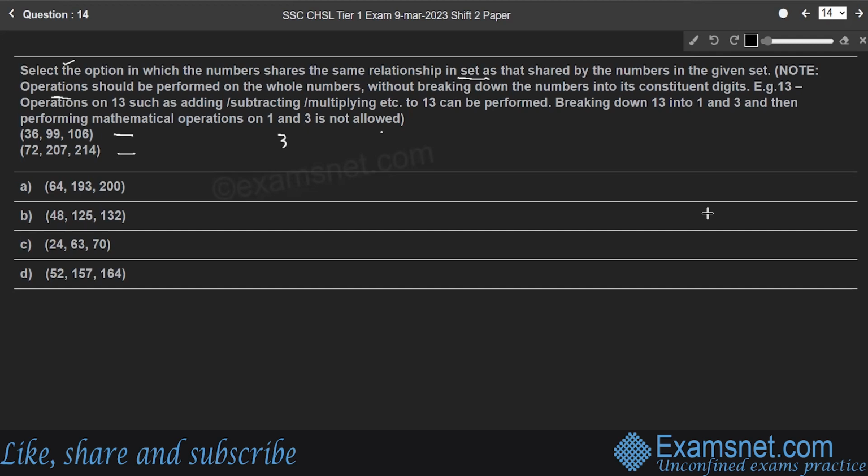So we'll take 36 into 3. 36 into 3 is 108. Right? So we'll consider 108 minus 9. When 9 is subtracted from 108, you will get 99, which is second number. When you add a number to 99, you will get third number. So this number is 7.